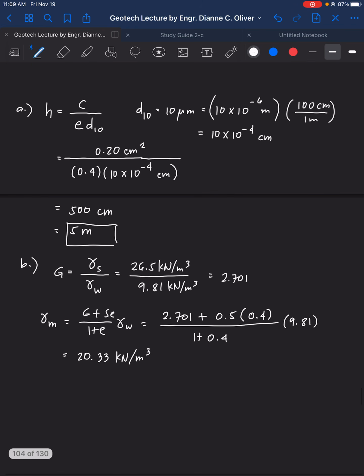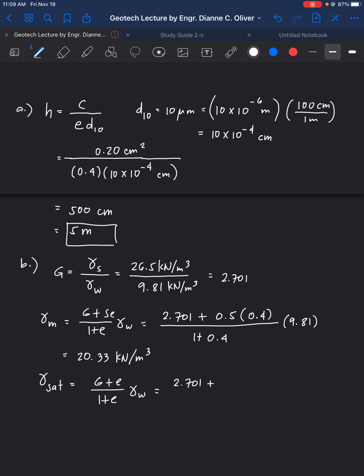Next, we solve for the gamma sat. For the gamma sat, we have G plus E over 1 plus E times gamma of water. The reason why we have here E is because S is equal to 1 for saturated soil. So that is equal to 2.701.